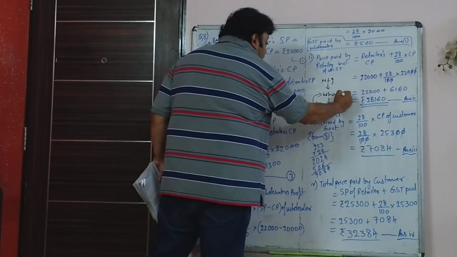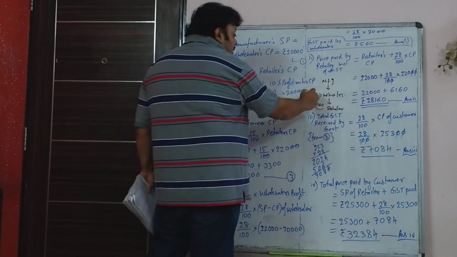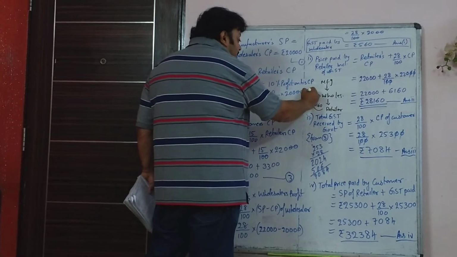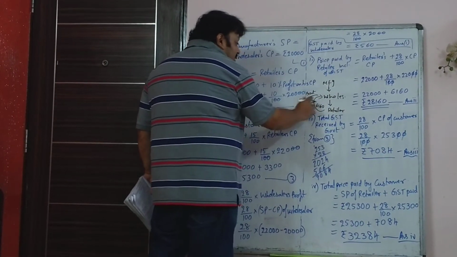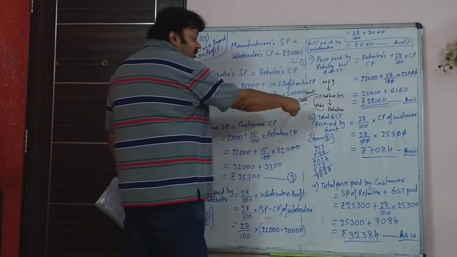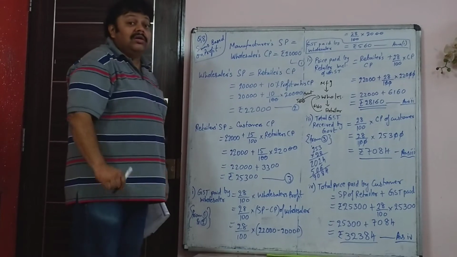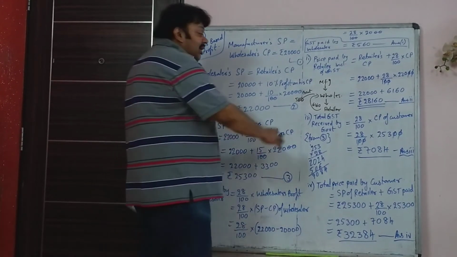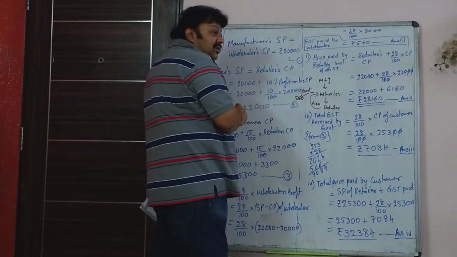So the wholesaler is getting 6160, but we have said the GST given to government by wholesaler is only rupees 560. So is the remaining money 5,600 rupees GST kept by the wholesaler in his pocket? No. Wholesaler cannot collect 6160 and give only 560 rupees.